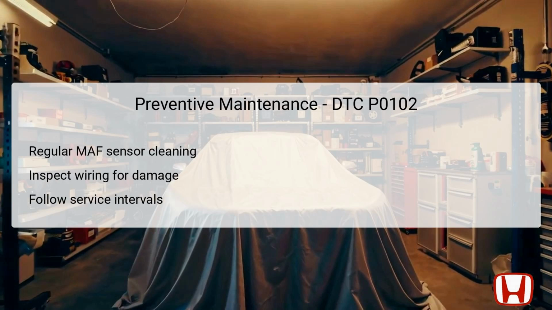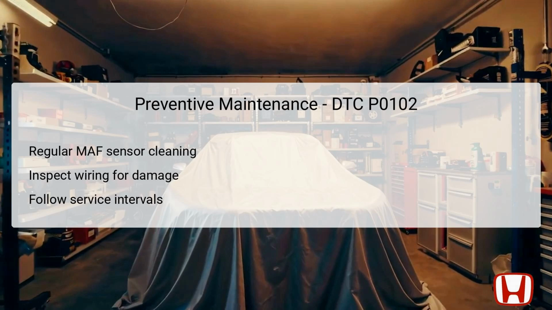To prevent reoccurrence of DTC P0102, regular maintenance on the MAF sensor is essential. Cleaning the sensor periodically can mitigate dirt and grime accumulation that could disrupt its performance. Inspecting the wiring connecting the MAF sensor on a routine basis is also recommended to ensure there are no frayed wires, wear, or short circuits.